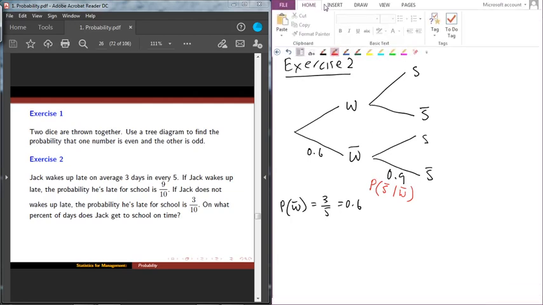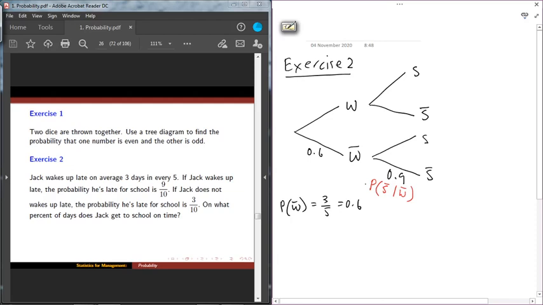If you can understand the tree diagram, that should be okay. I just want you to relate the conditional probability with the tree diagram. If Jack does not wake up late, which is here, the probability he is late for school is here, 0.3.